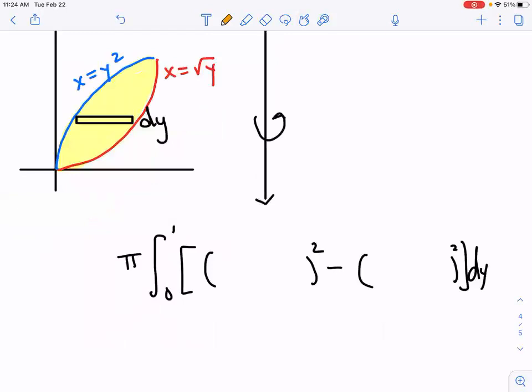Our outer radius. Which piece of the rectangle is furthest away? The blue one, the y squared. This is our outer radius. Now, when we take right minus left to get this length, we have 10 minus y squared.